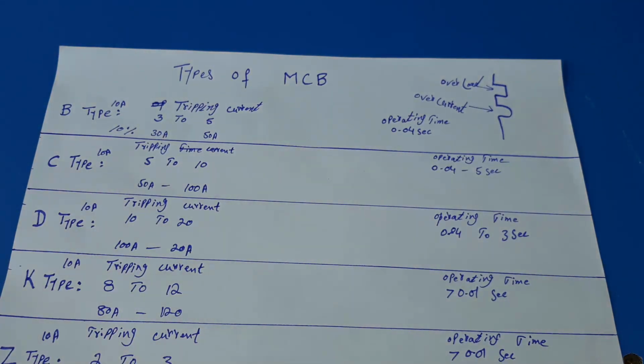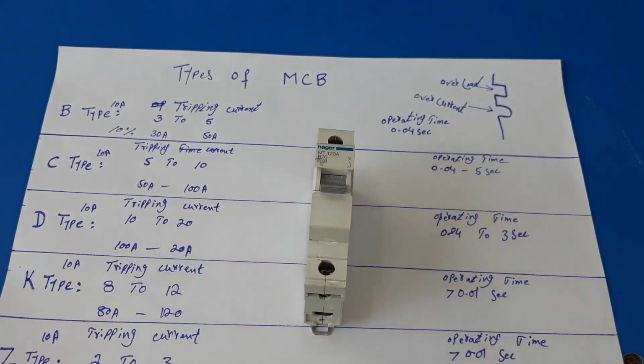The B type of MCB trips between 3 and 5 times full load current. If we discuss the uses of the B type MCB, this one is a B type MCB.